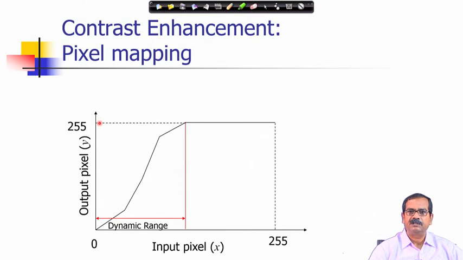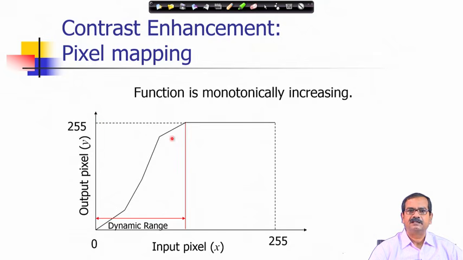One property that you need to preserve is that this function has to be monotonically increasing, because if you have two pixels x2 and x1 and x1 is higher than x2, then the corresponding y1 should also be higher than y2. That keeps the consistency of displaying brighter pixels brighter and darker pixels darker.